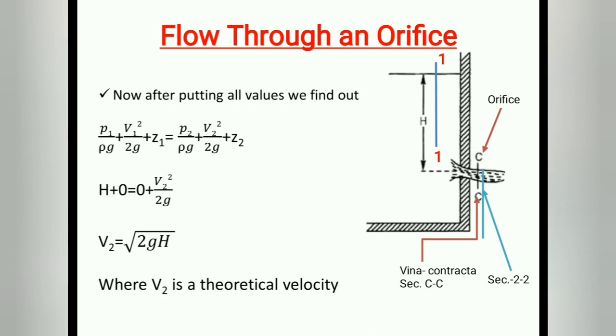After putting all these values, V1 square is 0, Z1 is equal to Z2, and P2 upon rho g is also 0. So from simple mathematics we get the theoretical velocity V2 equal to under root 2gh. This is known as the theoretical velocity.